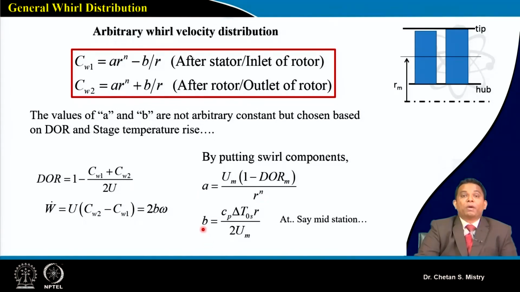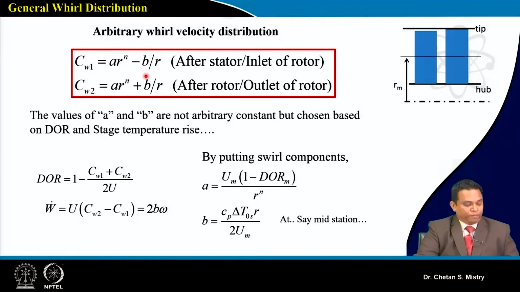In the same way, B we can calculate based on my stage temperature rise, and that is also a function of R. So you can understand these constants A and B are also functions of my radius. We can calculate the values of A and B at the midsection, such that it will be easy for us to calculate our arbitrary whirl velocity distribution at the entry as well as the exit.